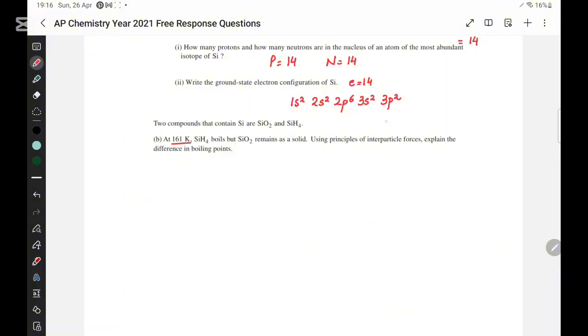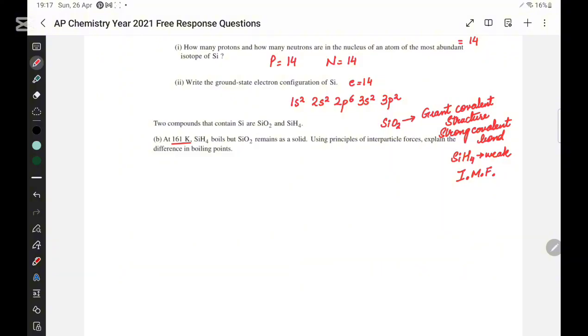You need to remember one thing, that silicon dioxide has a giant covalent structure like diamond, and it has very strong covalent bonds, while on the other hand silicon hydride has weak intermolecular forces, or you can say weak van der Waals forces.